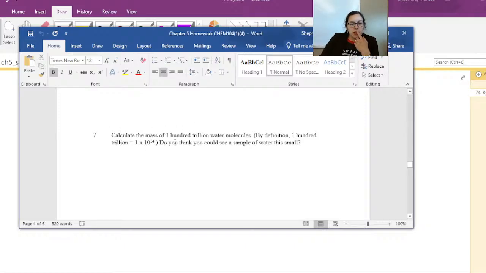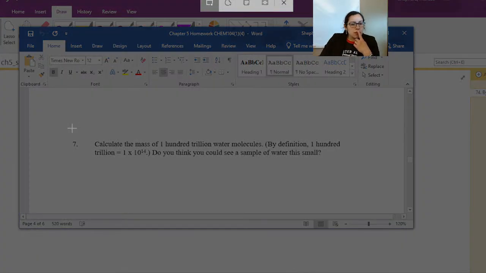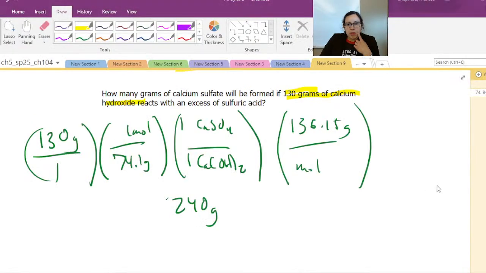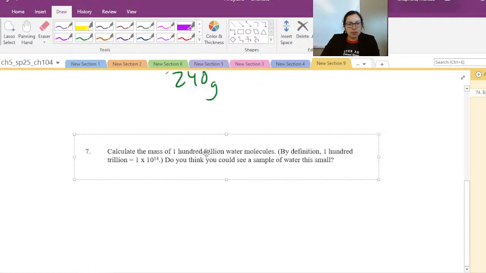It tells you what a trillion is, calculate the mass of this. So maybe what you could do is put this in a mole ratio, right? So if it's 1 times 10 to the 14, put it over Avogadro's number, and you could get how many moles that was. So that's probably the only other hard one. So I'll put that here and give a hint to the setup.